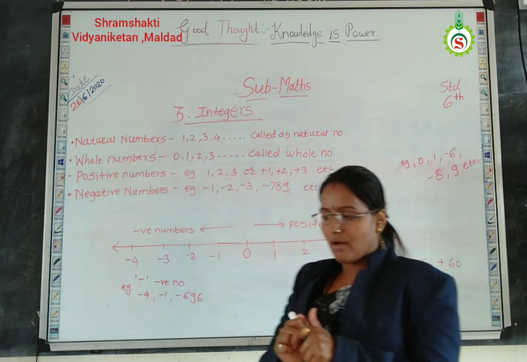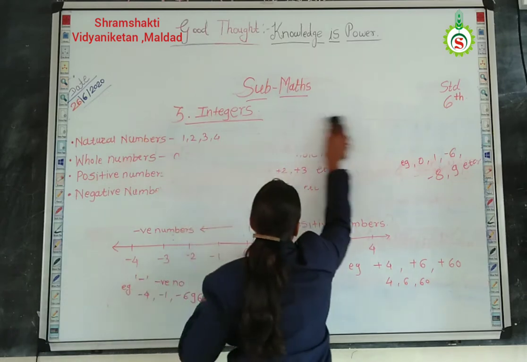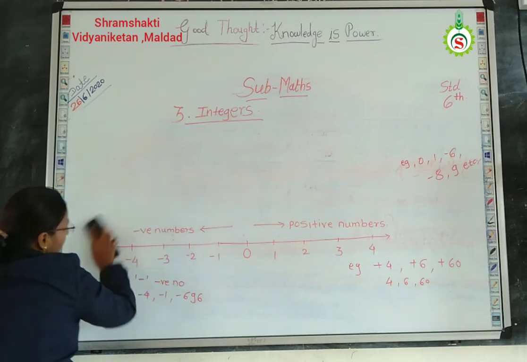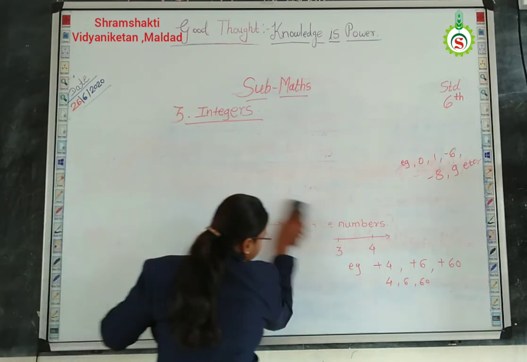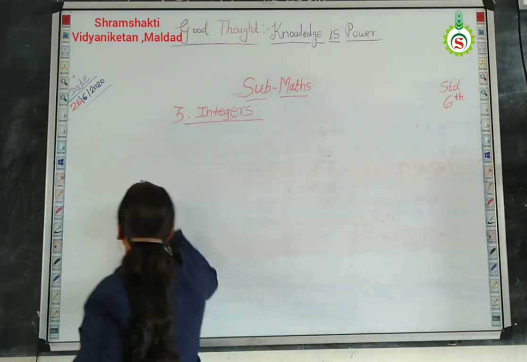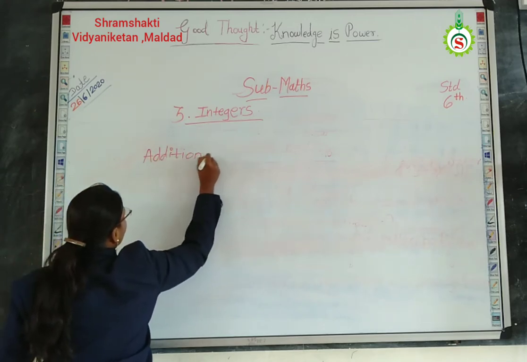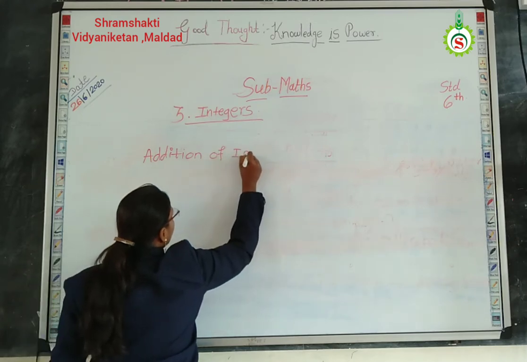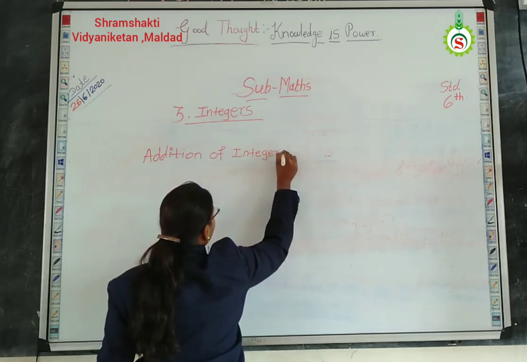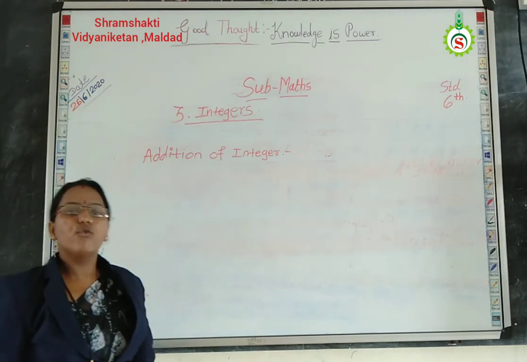Next, in this chapter the main point is addition of integers. So how can we carry out addition of integers? For addition of integers, you have 4 rules.